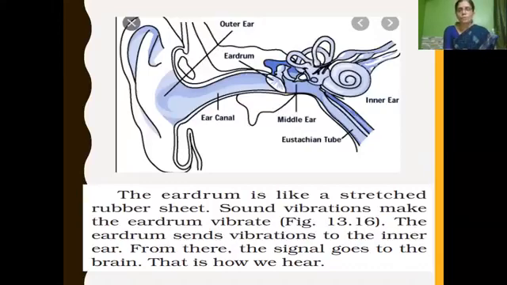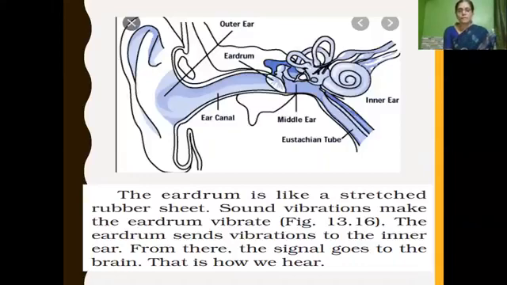Now what you should know is where the eardrum is present. The eardrum is present at the end of the ear canal. The outer ear leads to the ear canal, which ends at the eardrum. Got it?